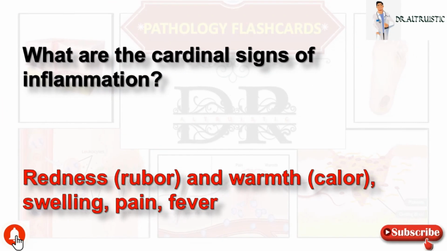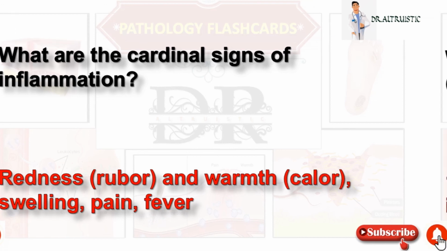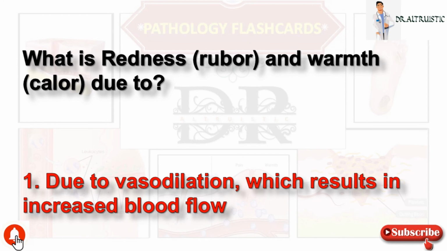What are the cardinal signs of inflammation? Redness (rubor), warmth (calor), swelling (tumor), pain (dolor), and fever. What is redness and warmth due to? Vasodilation, which results in increased blood flow.